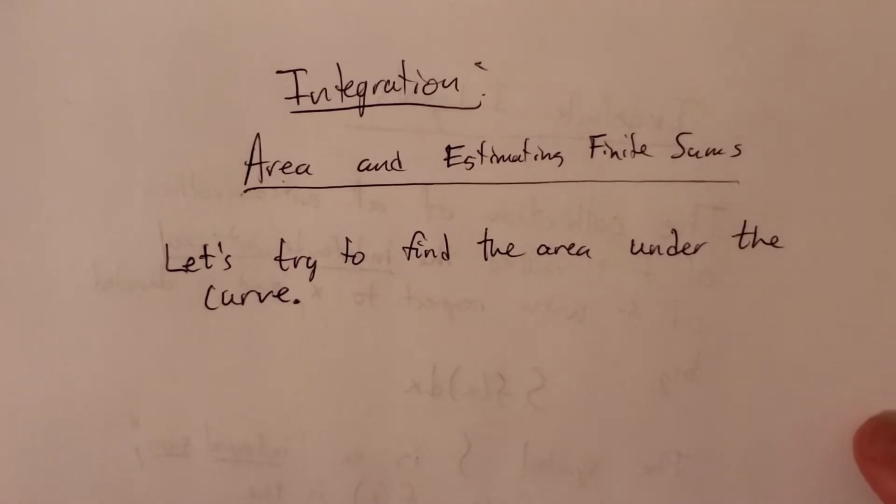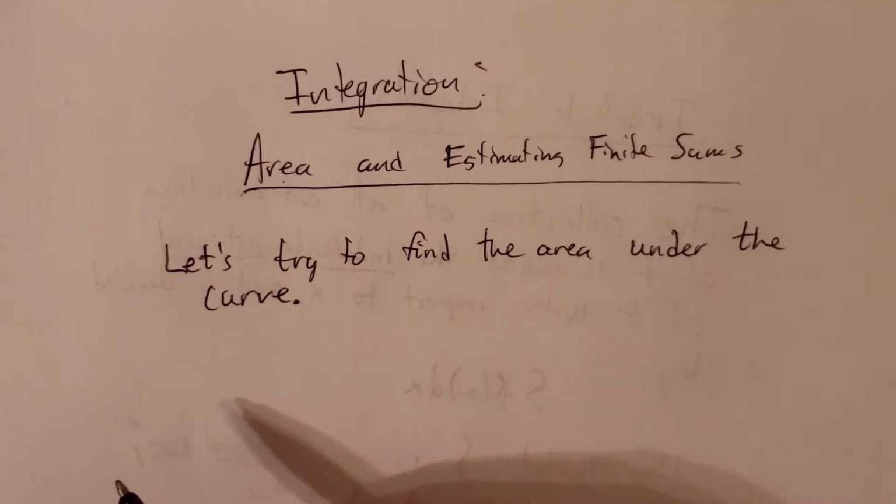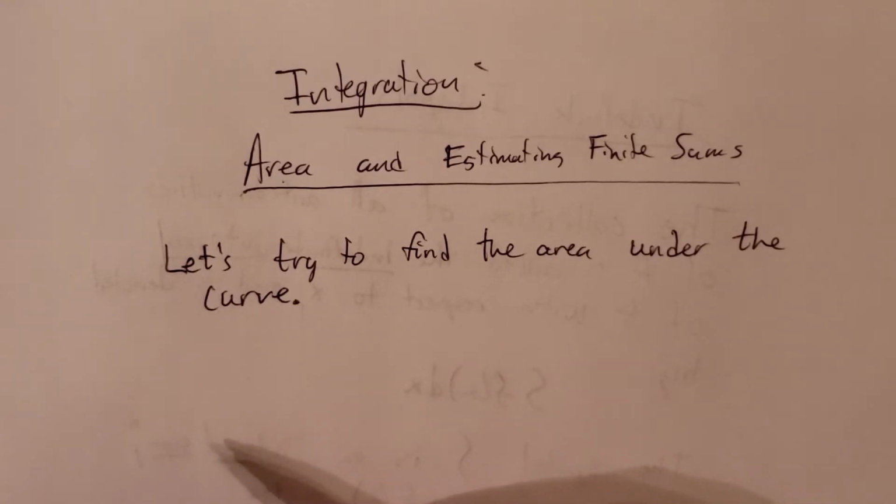But before we do that, just a reminder that in the first part of calculus, we estimate the slope of the tangent line using the slope of secant lines. And then, via limits, we can calculate exact values of derivatives. So here we're going to do something similar.